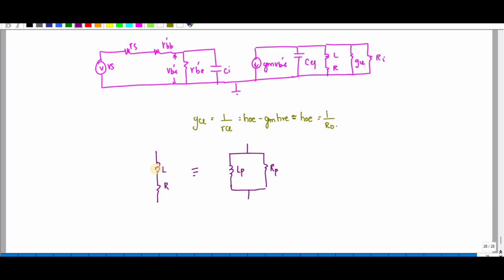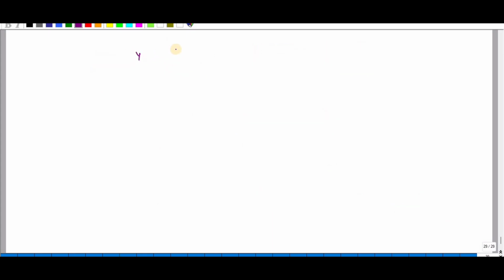We know that Z is equal to R plus j omega L. From this I can write Y is equal to 1 by Z, that is 1 by R plus j omega L. I am going to multiply both terms by R minus j omega L. If I multiply both terms, I will get Y equal to R minus j omega L divided by R square plus omega square L square.